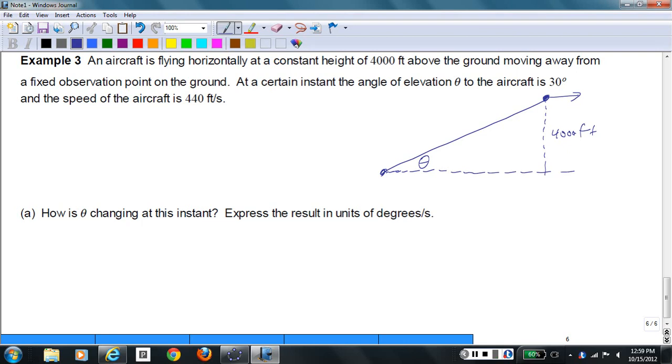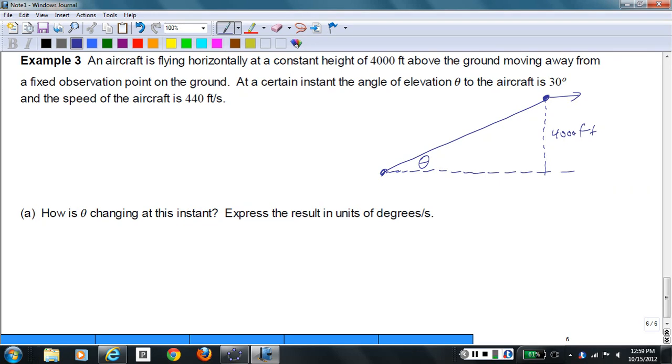Well, the quantity that we're given there, the speed of the aircraft, 440 feet per second, I'd like to be able to say that's the rate at which something is changing with respect to time. What is changing with respect to time at the rate of 440 feet per second? dx dt, we could say dx dt is 440 feet per second.